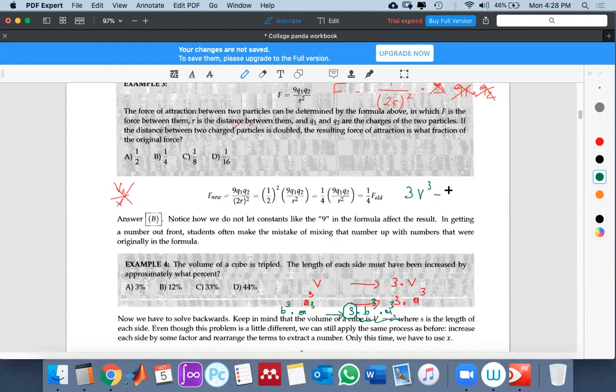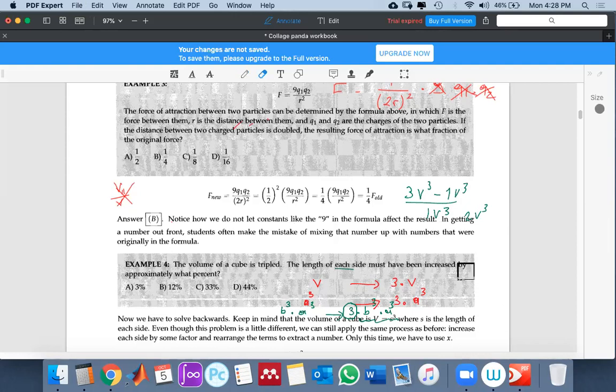The original one is 1V. Divided by 1V, 2V. But this is the problem: for each side we have to increase.